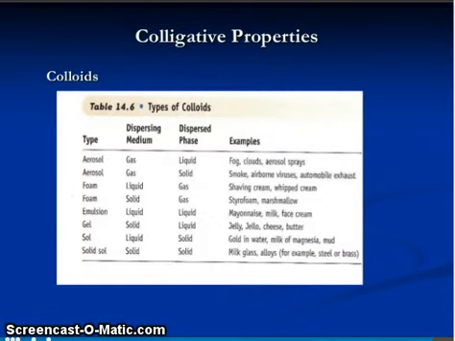Colloids: types, dispersion medium, dispersion phase, and examples. We have the aerosol in case of gas, with dispersion phase liquid or solid. In liquid: fog, clouds, aerosol spray. Solid: smoke, airborne virus, automobile exhaust. Foam, liquid in gas: shaving cream, whipped cream.